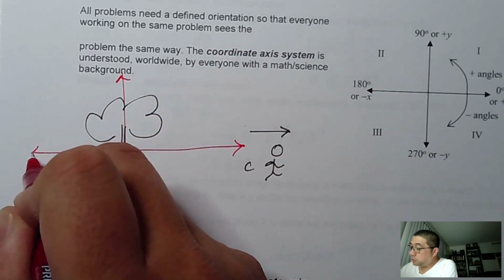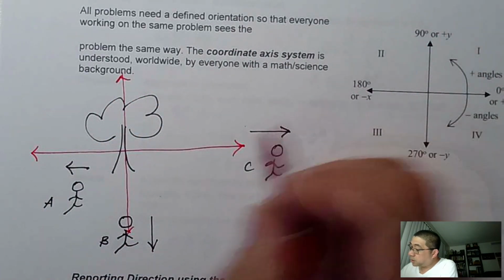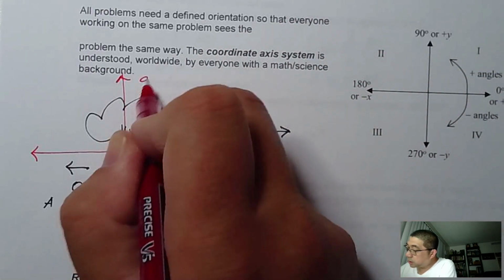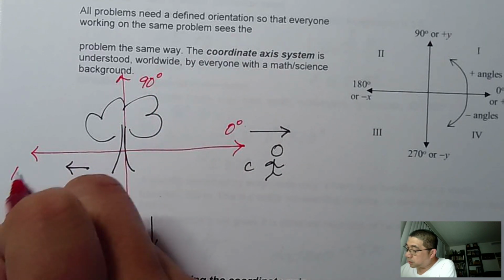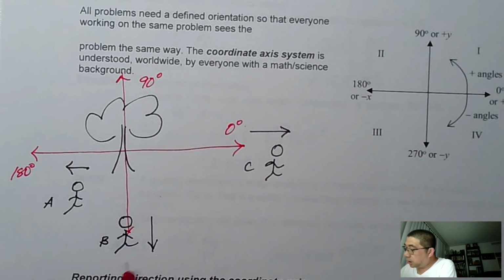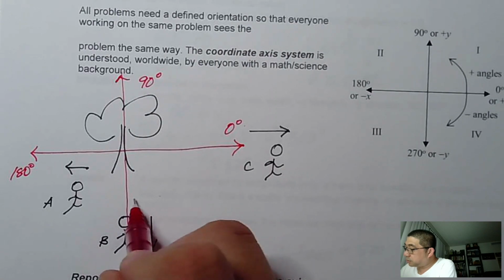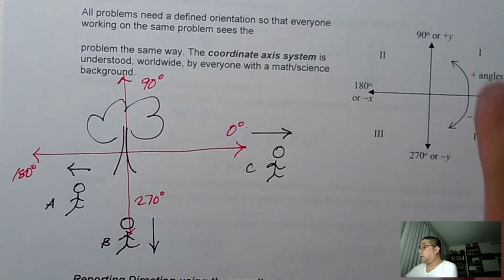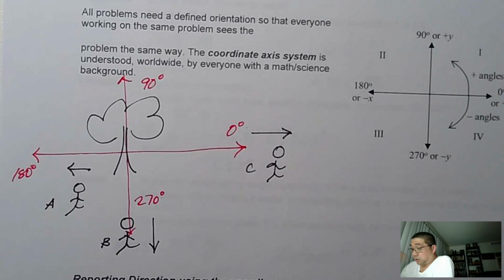If you're moving away 0 degrees, this one is 90 degrees, this one is 180 degrees, and S is 270 degrees. So right away you will notice that these x and y coordinates actually do exist, but in an imaginary form. So you can tell the direction.